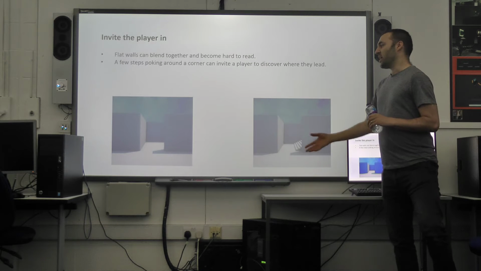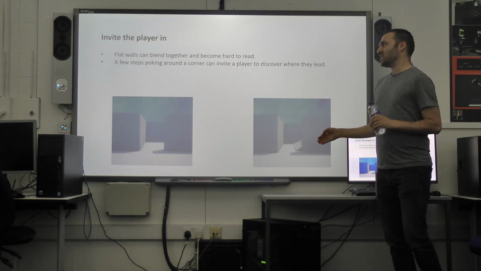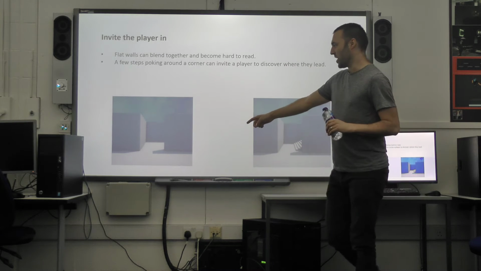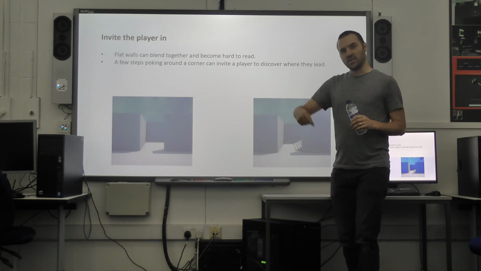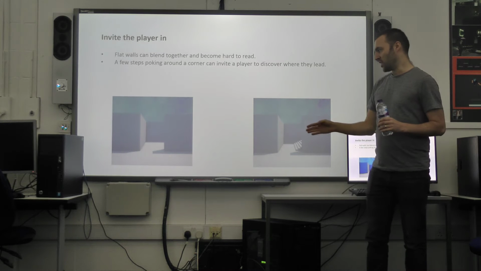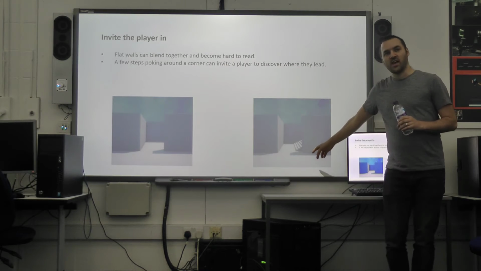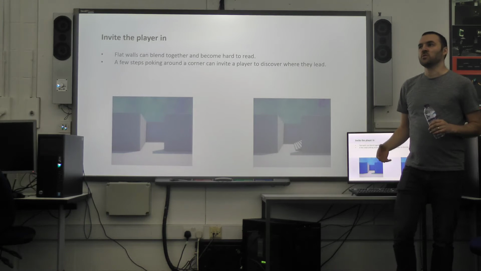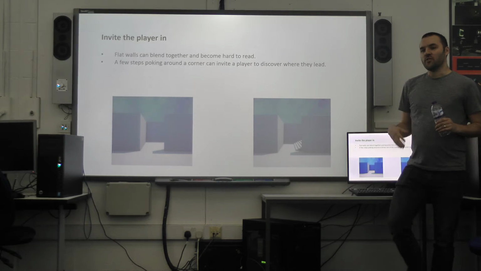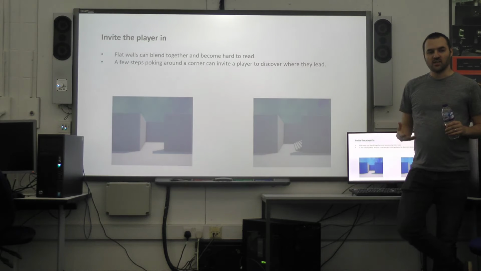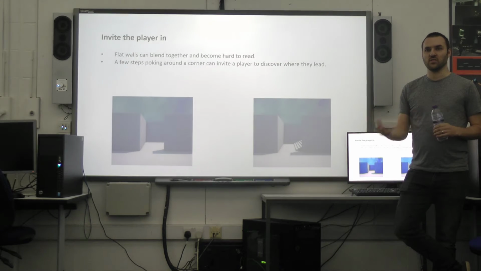So, inviting the player into a space: on the left-hand side, they might just think that's an alcove. They might not realize that there's a staircase or a route that goes behind that wall. But if you see stairs, stairs have a natural affordance that players understand. An affordance is something that does something for the player.